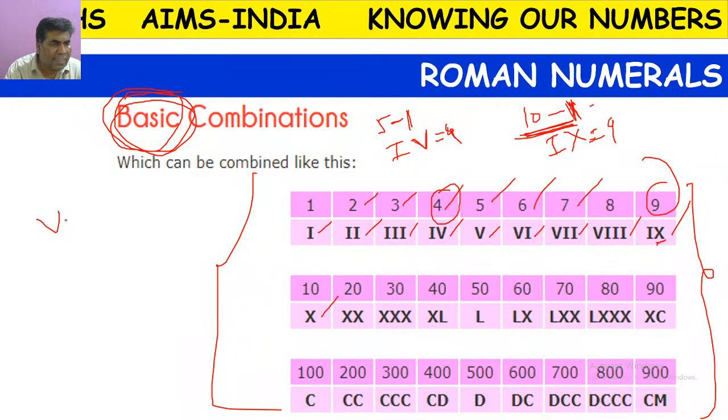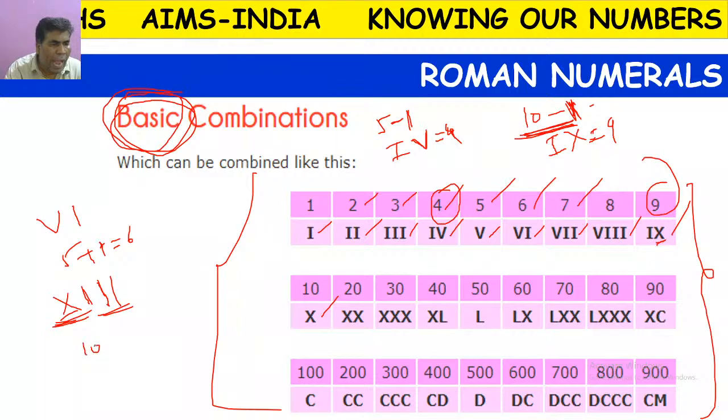If they write like this, bigger number after smaller number, so then what we have to do? We have to add 5 plus 1 equal to 6. Or if they give like this, XIII. First, X is the biggest number, and after the biggest number we are having smaller numbers.